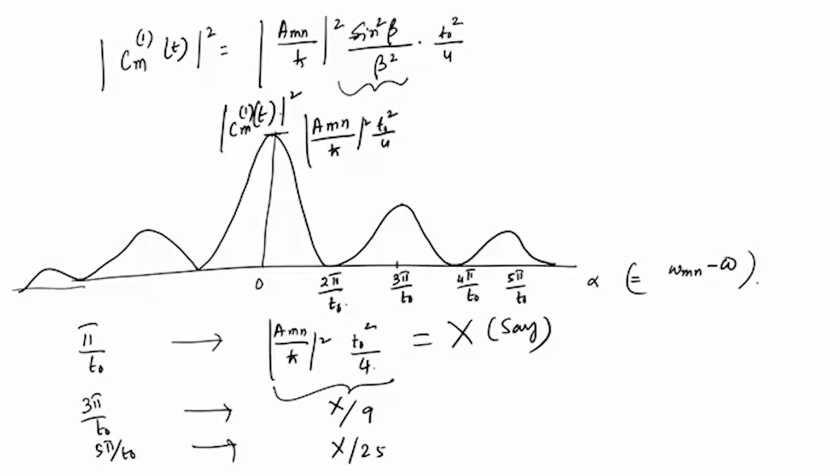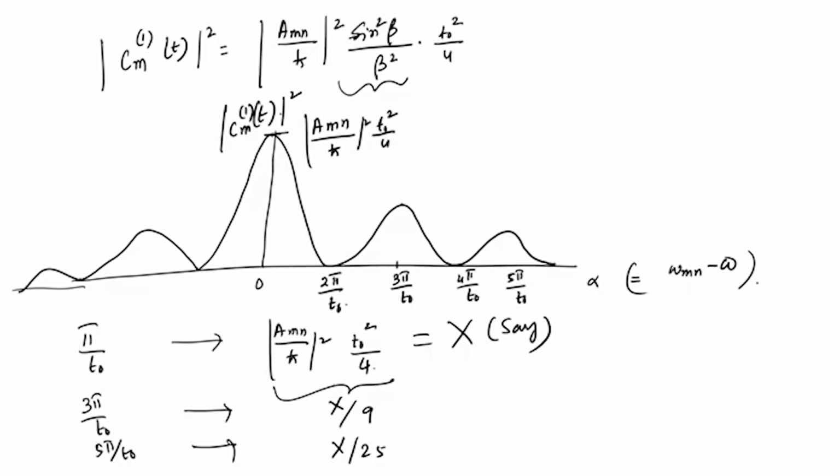As you go away on either side, that is, you make omega larger or smaller, you see that the intensity of this emission spectrum, or the probability of emission, goes down very quickly. At 2 pi by T 0, it just has a 0.